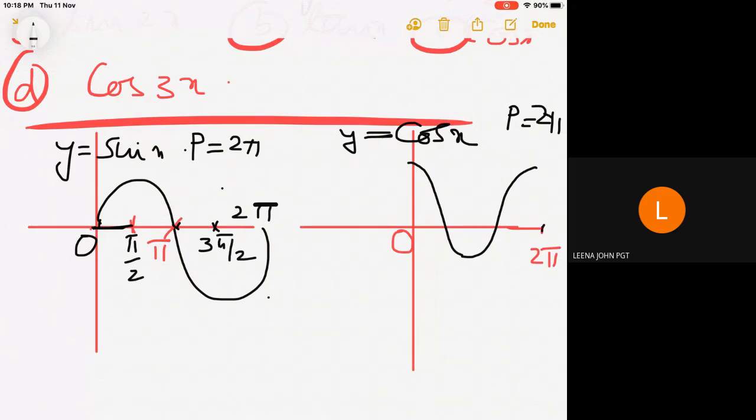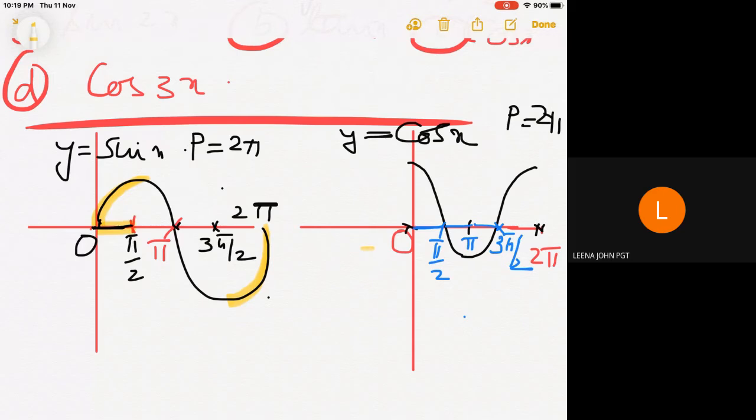Similarly, in this case also, 0 to 2 pi is the interval or period, and half of that comes here, that is pi. Again half of that, that is pi by 2. So this single unit is pi by 2, 2 pi by 2, then automatically 3 pi by 2. And from here you can make out that for the sine function, it is increasing from 0 to pi by 2 and from 3 pi by 2 to 2 pi.